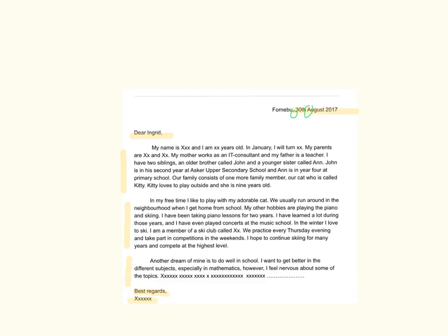If you count this paragraph, the first paragraph consists of 8 sentences. And you should always create paragraphs with at least 6 sentences. Some are short and some are long. An example: John is in his 2nd year at Asker Upper Secondary School, and Anne is in year 4 at primary school. That's a long sentence.